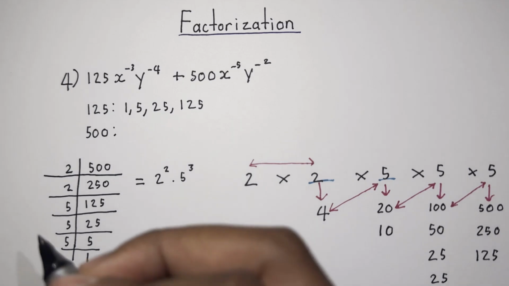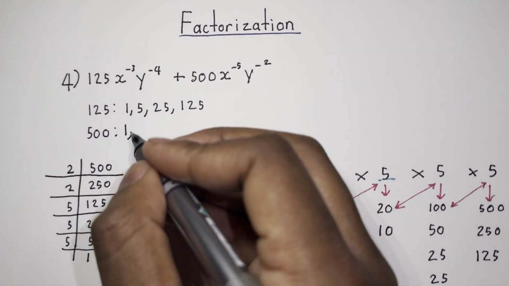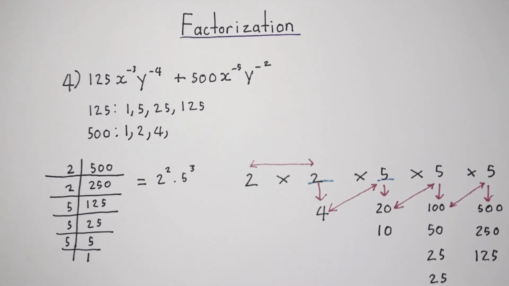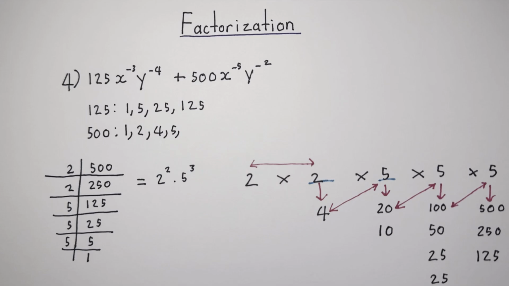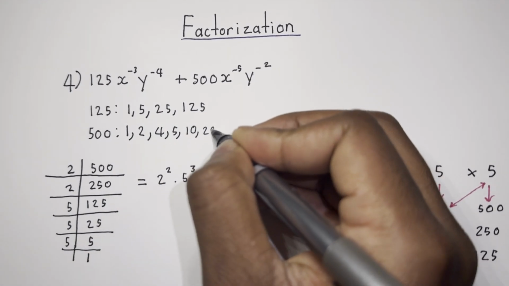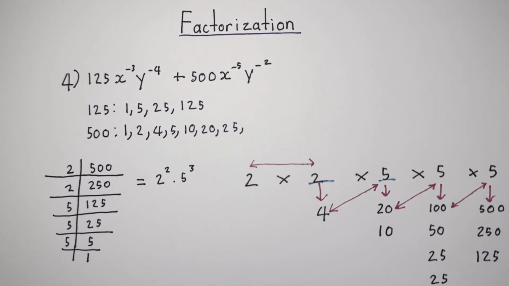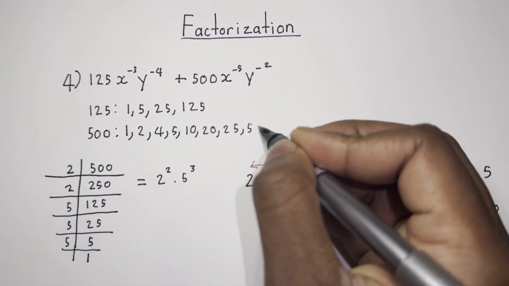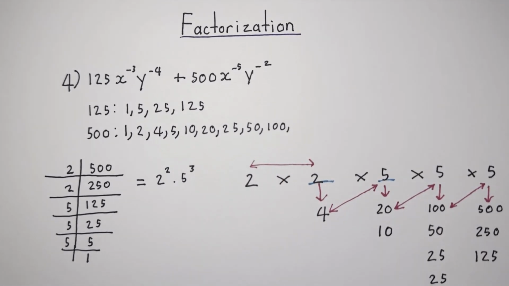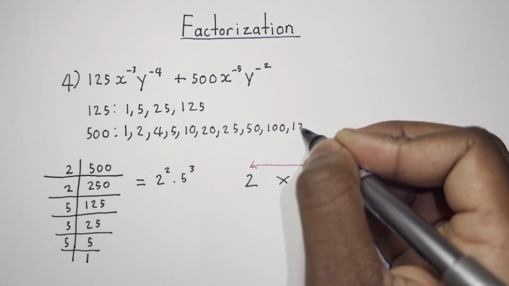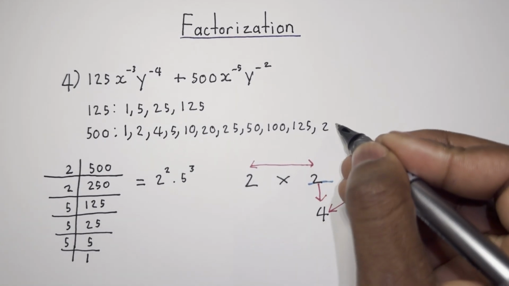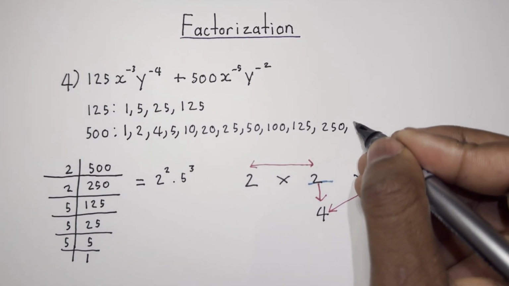Now we are going to write our factors. 1, 2, 4, 5, 10, 20, 25, 50, 100, 125, 250, and 500.